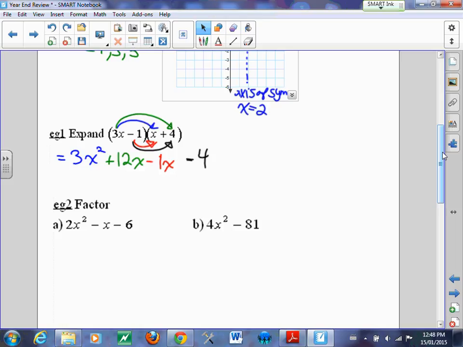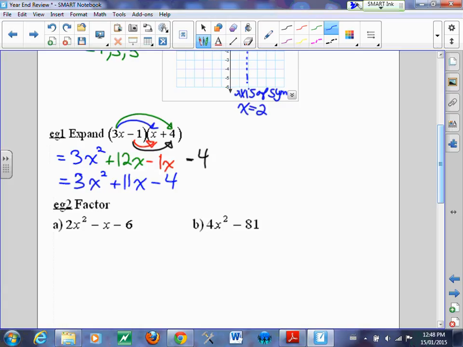Then you look to collect like terms, ladies and gentlemen. And you notice you have two terms in the middle that are common. Okay, so 12x minus 1x equals 11x. And notice, folks, it is in proper order, meaning the highest exponent is first, followed by the least, and going down to the constant. Awesome.